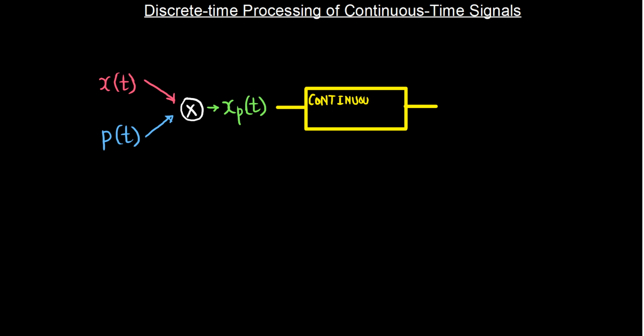I'll write that as the impulse train to discrete sequence. This is the converter.